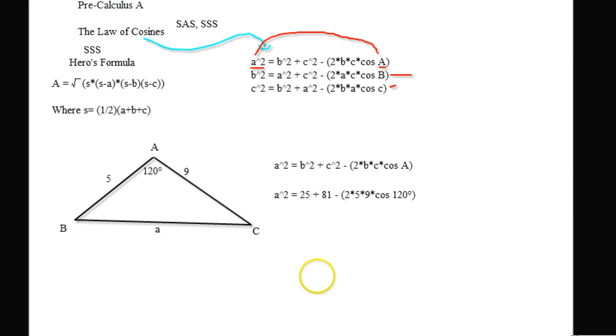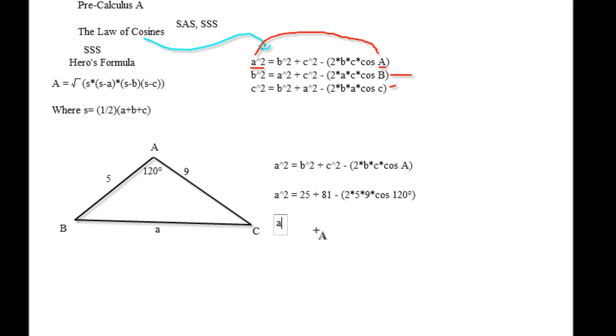Is that right? 120, yep. So that means A squared equals 151. Now you would still need to square root both sides. Obviously when we're doing square root, you're thinking of just the positives. So we do the square root of 151, and we get 12.29, and that's going to be the side length.